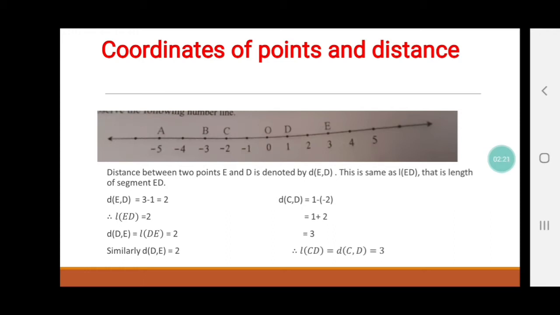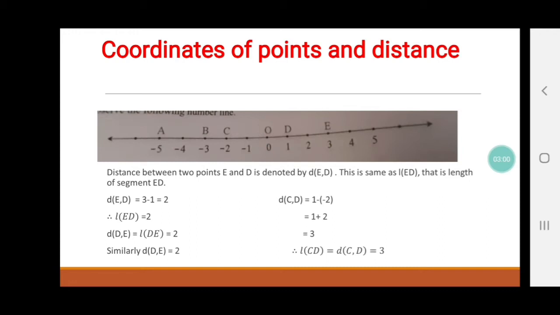Suppose I have to find out the distance between 2 points E and D. So how it is written in a mathematical form? It is written as d(E, D) and read as distance between ED. In the same way, l(ED) is for the length of the segment ED. Means if we are measuring length of the segment or we are measuring the distance between the points, in both the cases we are doing one thing only, that is the distance between the 2 points.